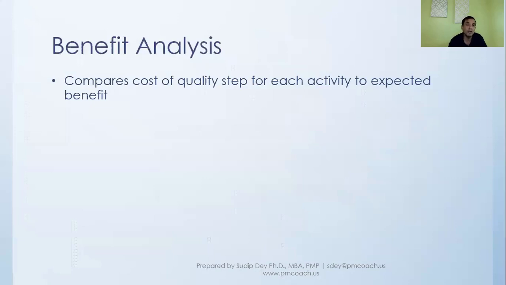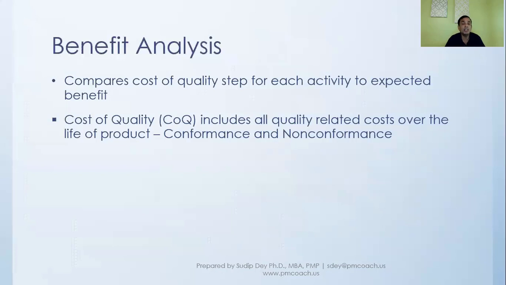As well, we look at the cost of quality, which is really about what are the quality related costs across the life of the product. It is not that we just want to have a narrow view of how much this quality step is going to cost, but we should also look at, if we don't do it, what will it cost us in the long run, and that is the non-conformance cost.